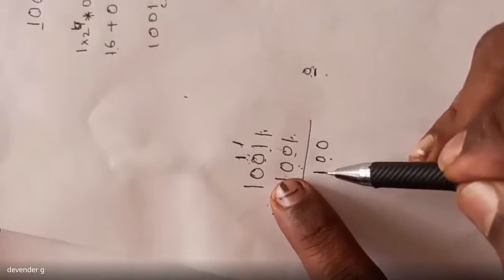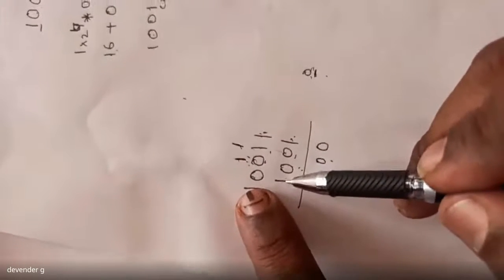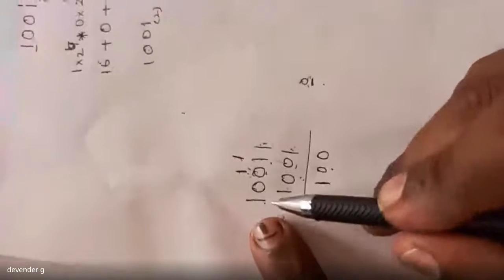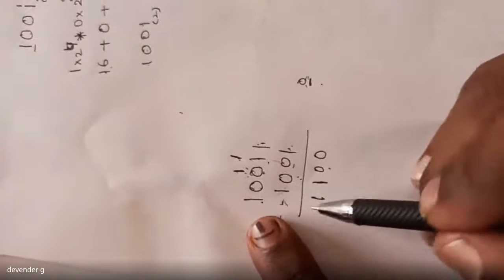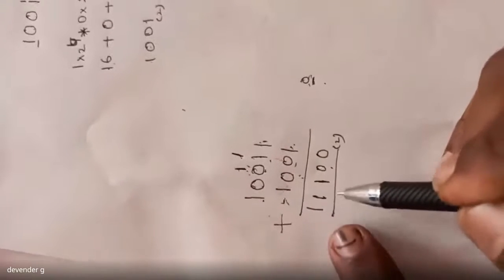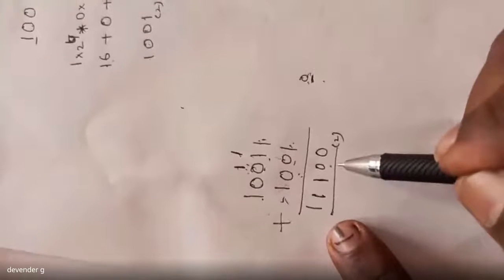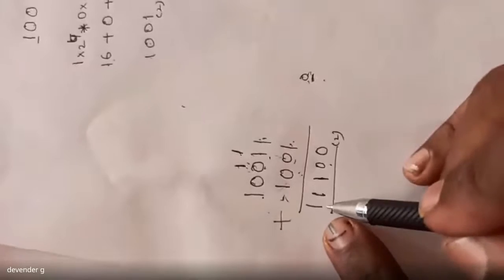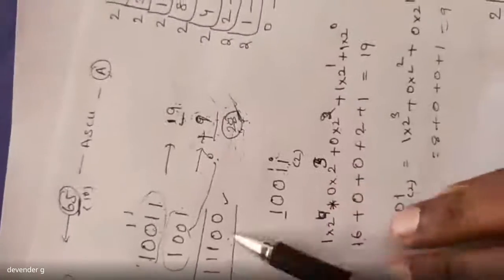Then 0 plus 1? 1. And what is this? Nothing is there here, so you write 1 as it is. Now I got this as base 2. Any doubt regarding this? No, sir. Right. Now, is it 28 according to us? We'll check it. See, I got the answer like this.